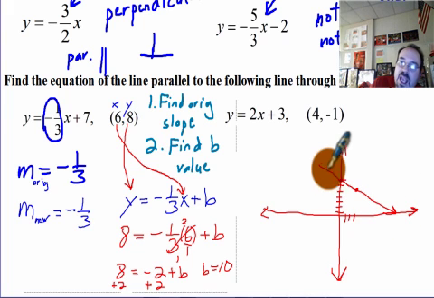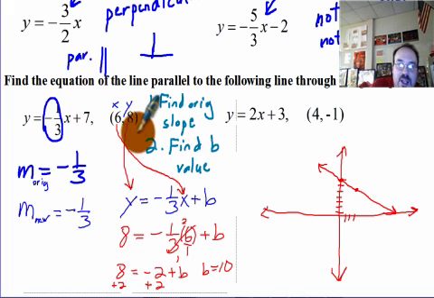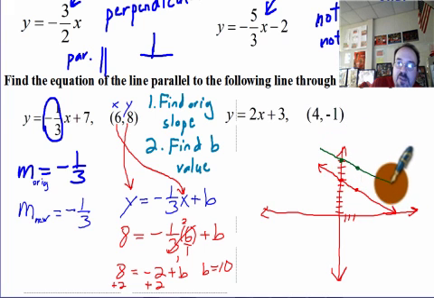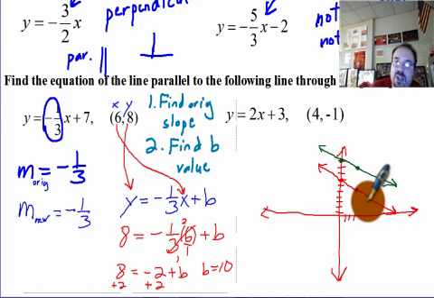My new line is supposed to start at 10, so 7, 8, 9, 10. And there's my new line. I go down 1, right 3. We can definitely see those two lines are parallel, except I didn't do a great job of drawing them.